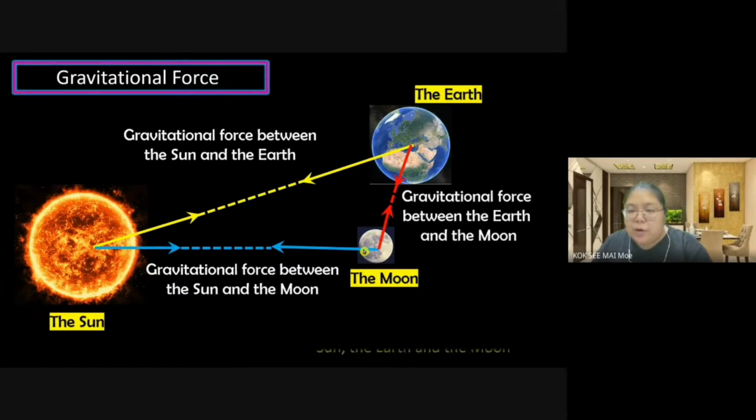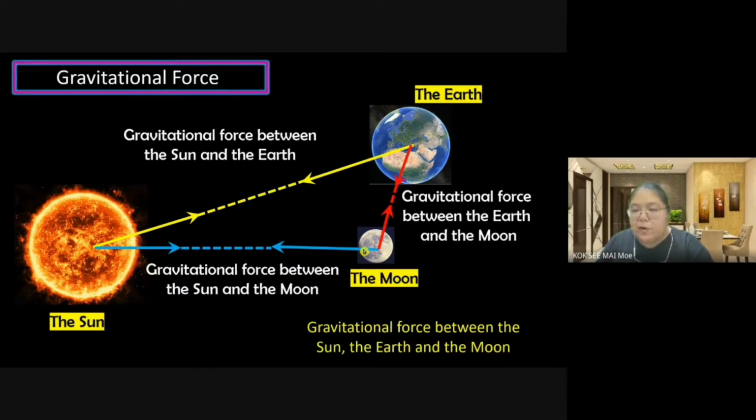So we call this the gravitational force between the sun, the earth, and the moon. You can find gravitational force only acts between two bodies. There are no three bodies joined together. Sun with the earth, sun with the moon. We cannot count the sun with the moon and the earth together. So we only count one body to another body.